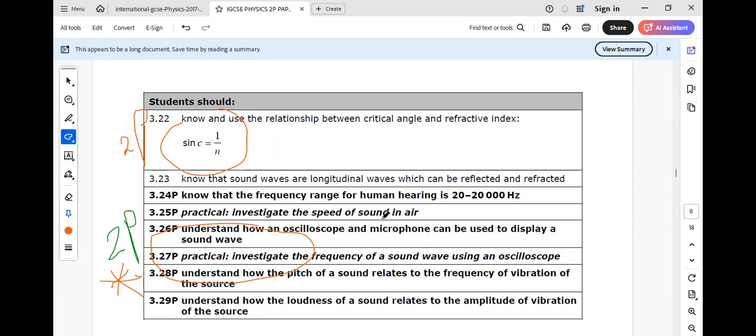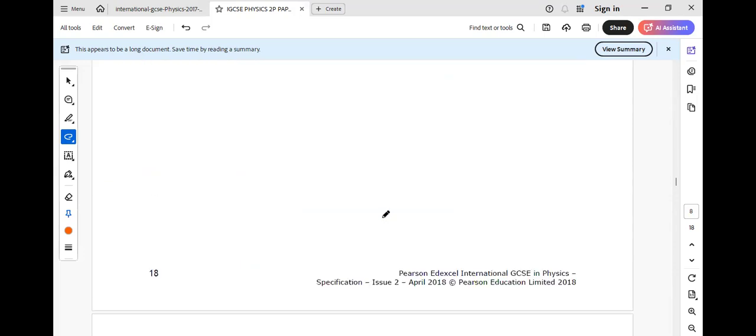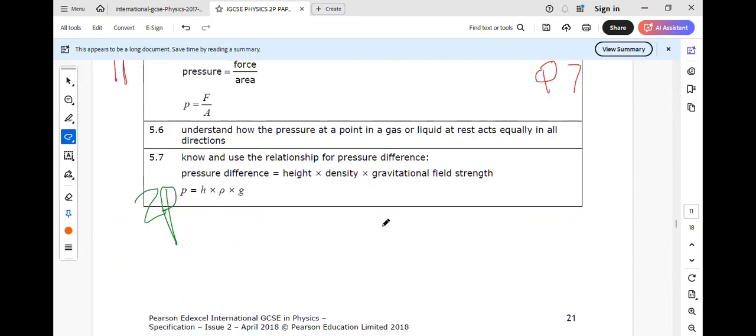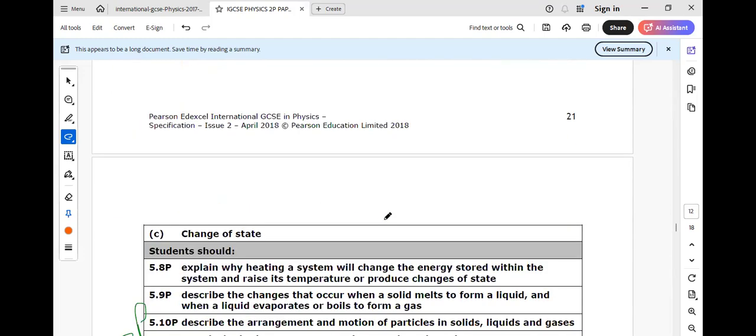In addition to these, there can be a possibility of a density experiment, but density experiments have been checked over and over again. If they come, I hope those experiments can be handled very easily.